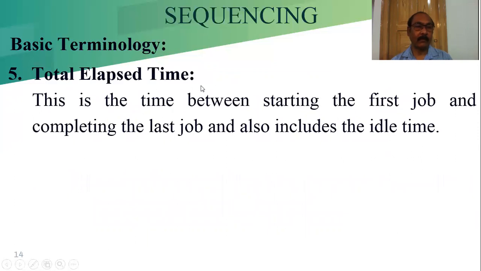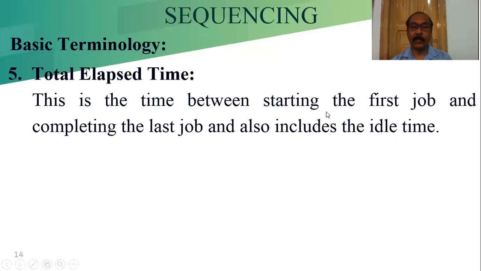Total elapsed time. That means from start to end, all the jobs are processed passing through all the machines. That means when jobs J1 to Jn are processed through machines M1 to Mm, how much time it will take to complete all the jobs through all machines, that is called the elapsed time.